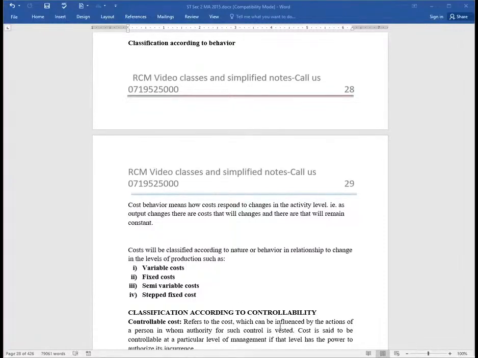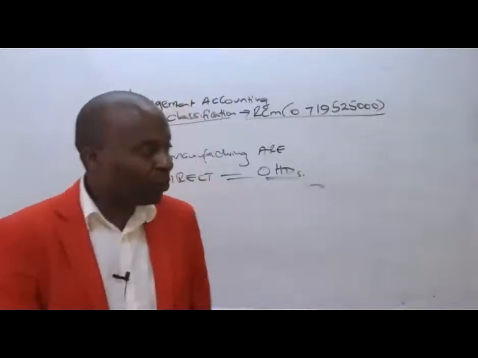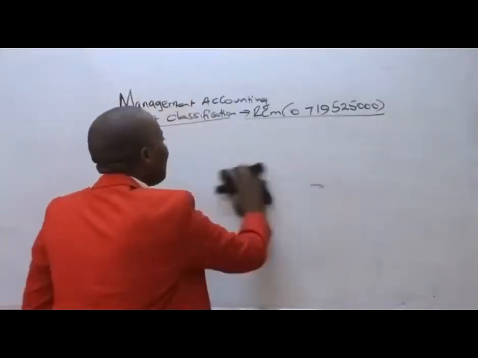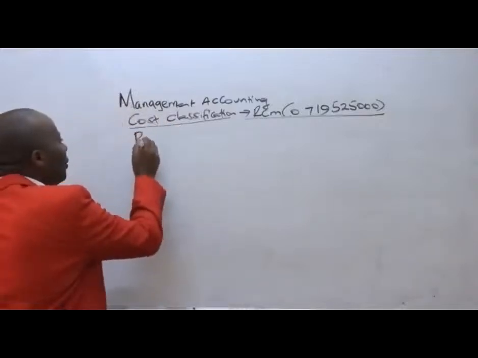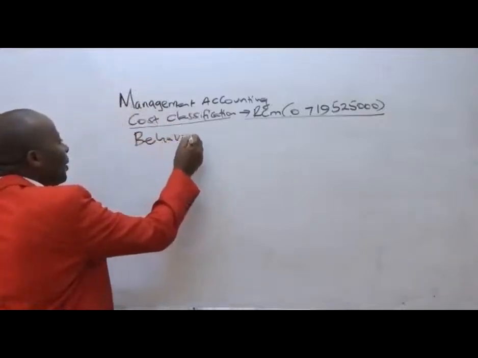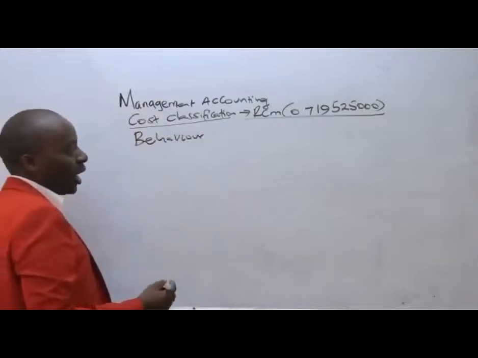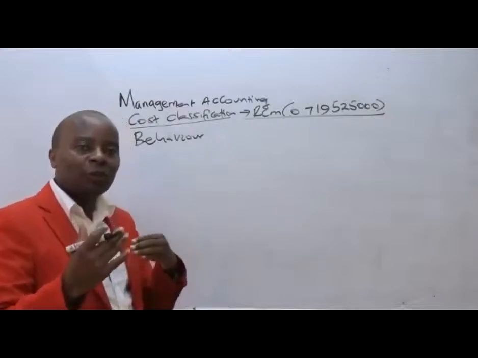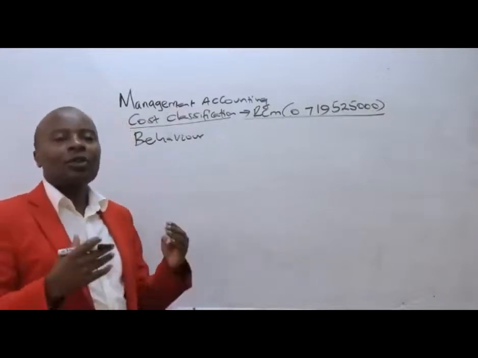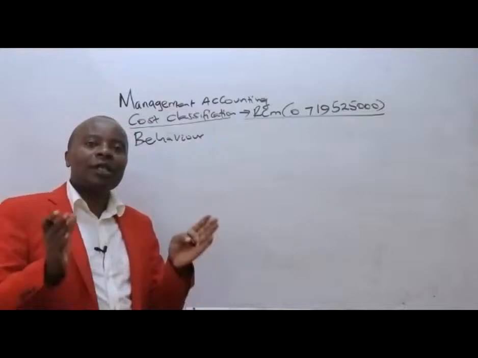The most important thing to appreciate here in terms of behavioral classification is how they behave. There are those costs that change as output changes, and there are those costs that are ever static.